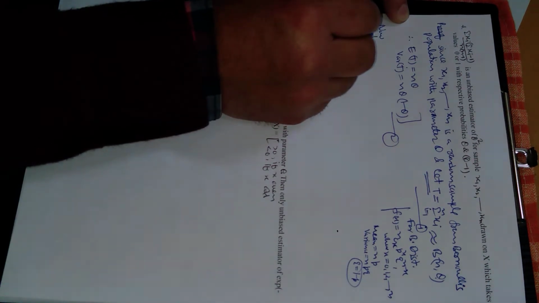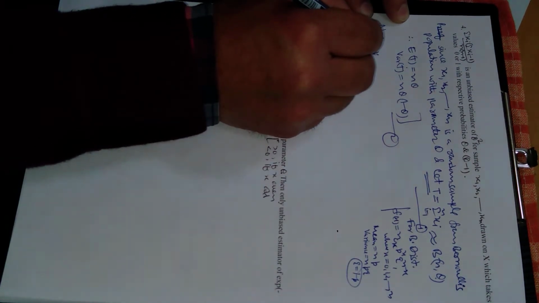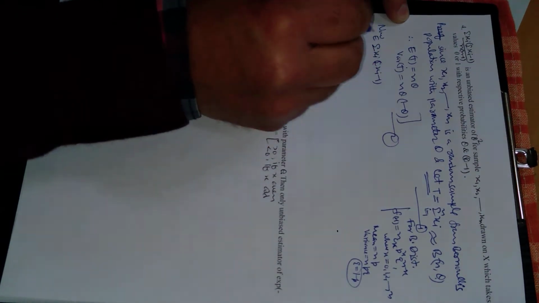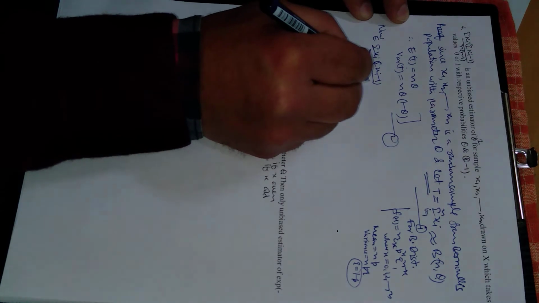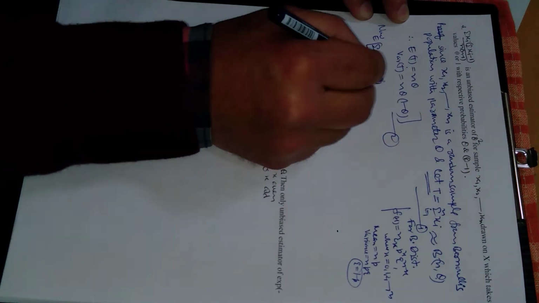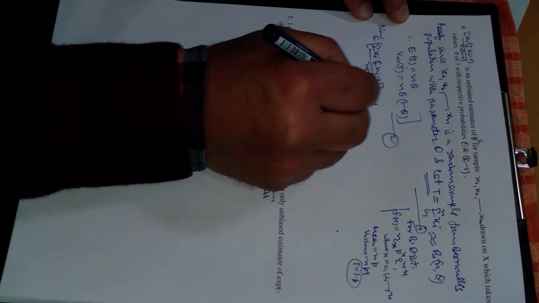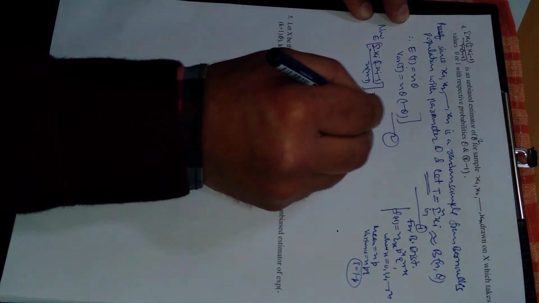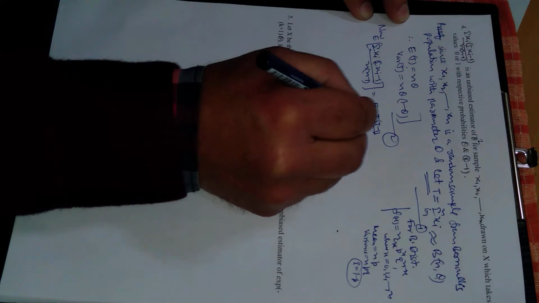Now expected value of summation xi into summation xi minus 1, whole divided by n into n minus 1, its value, which is equal to expected value of, because summation xi is t, so this will be t into t minus 1 divided by n into n minus 1.